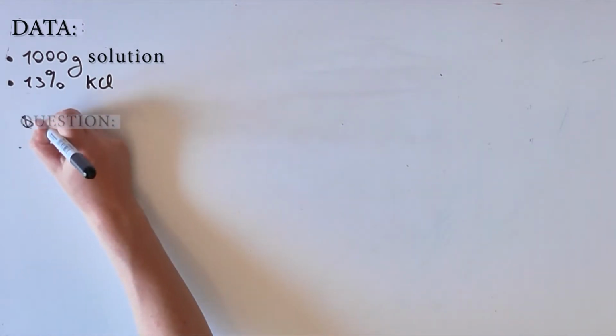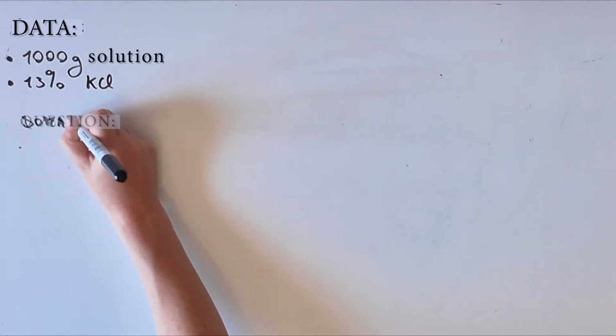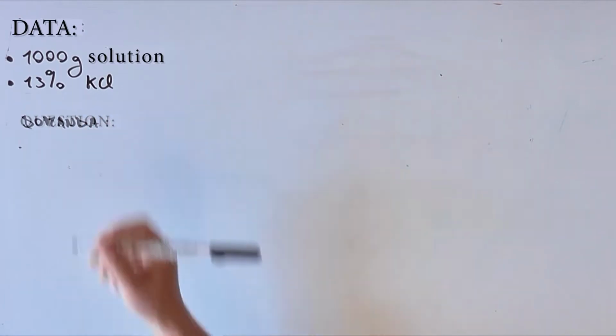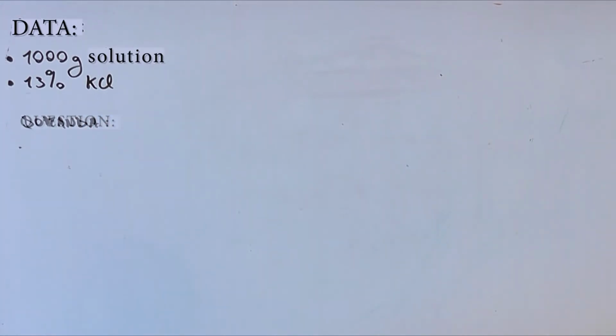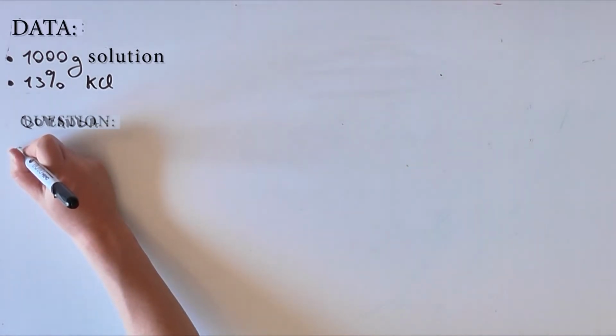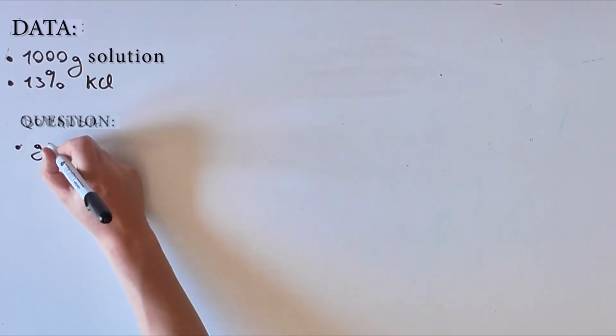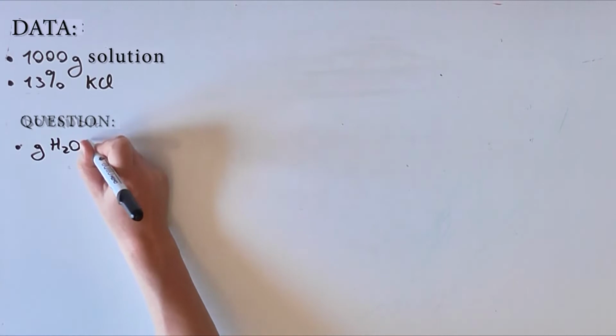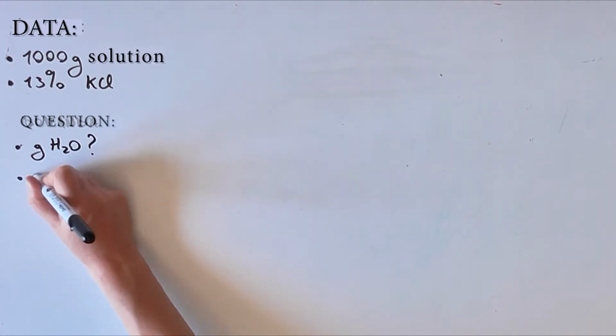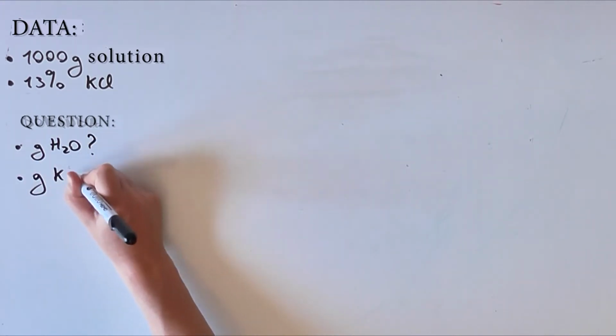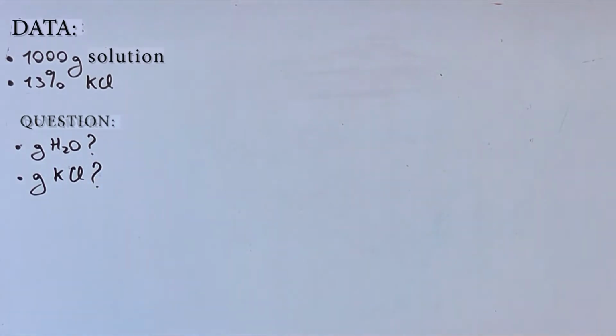We are asked to prepare this solution, so the question is implicit. However, the question will be how much water I need to put in order to prepare this solution. So how much water? In terms of grams, of course. And how many grams of KCl I need to use in order to make this solution.